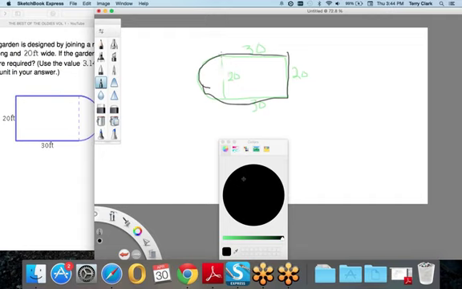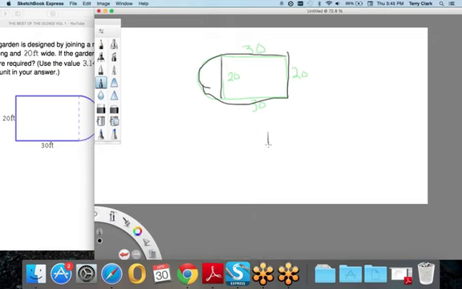So for the rectangle part, we need the 30, 20, and the 30 added together. So for the perimeter for the rectangle, it's going to be 30, 30, 60 plus 20 more makes 80. So we're just going to add up all 3 sides.